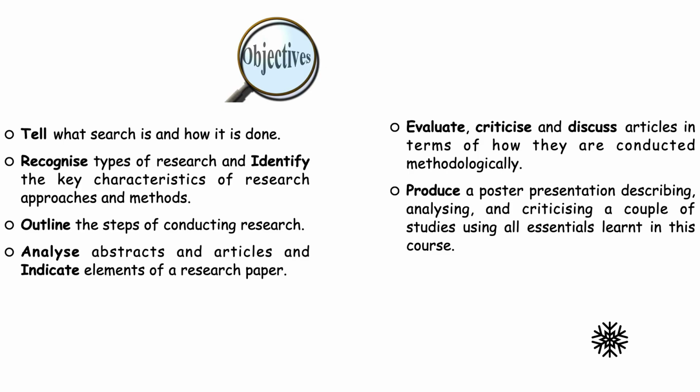In addition to this, they'll be able to evaluate, criticize, and discuss articles in terms of how they are conducted methodologically. And finally, they'll be able to produce a poster presentation describing, analyzing, and criticizing a couple of studies using all the essentials learned in this course.